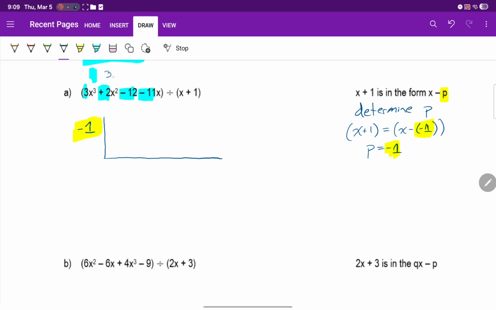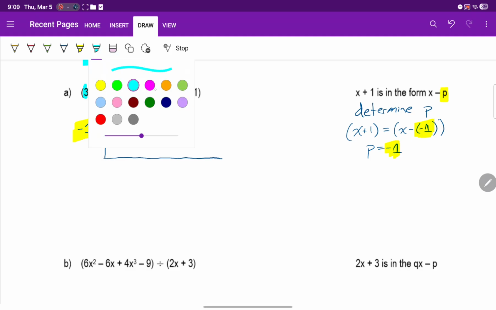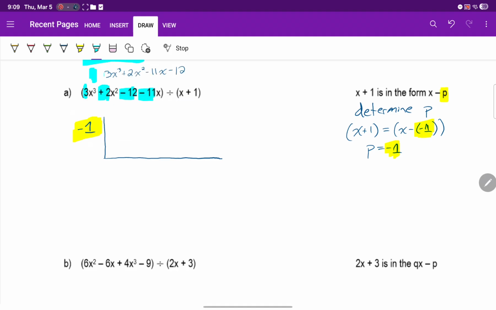So this has to be 3x cubed plus 2x squared minus 11x minus 12. These need to be in order. So I'm using these values, but I'm making sure that they are in order, and I'm going to write them right here: 3, 2, negative 11, and negative 12.